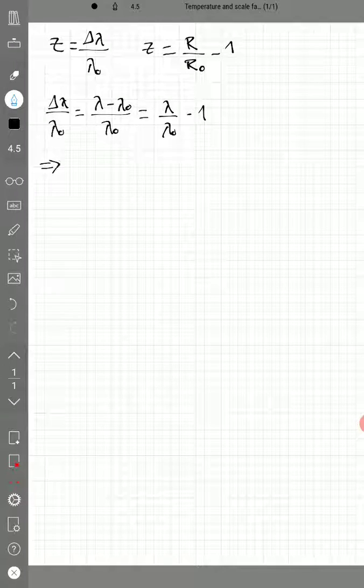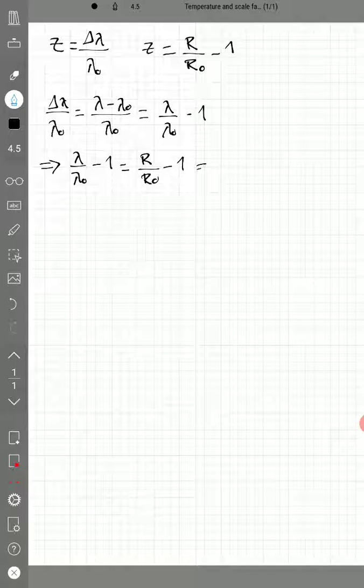So what you get is that lambda over lambda 0 minus 1 equals r over r 0 minus 1, which, no surprise, leads to lambda over lambda 0 is equal to r over r 0.